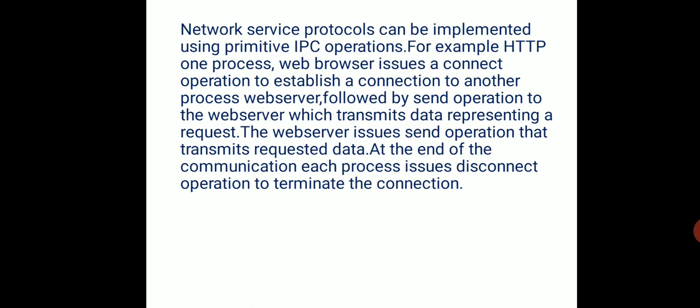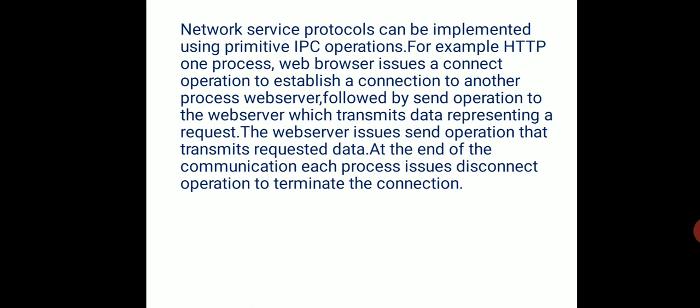So this is a small example of how these 4 primitive operations are used for IPC between web browser and web server. For example, the web browser issues a request to the web server, and the web server provides the requested data to the web browser. So here the four primitive operations are involved.